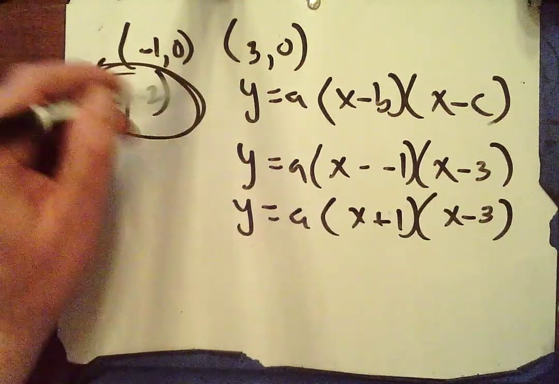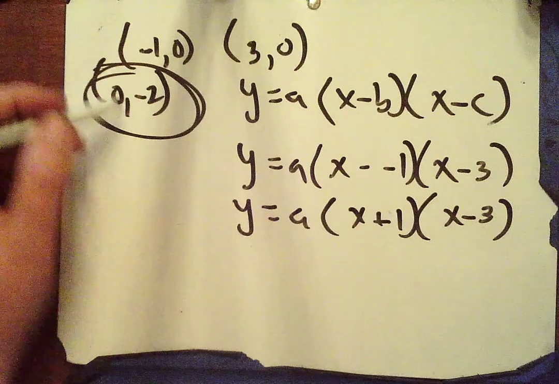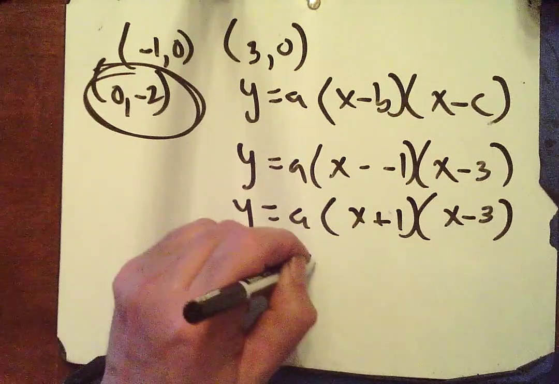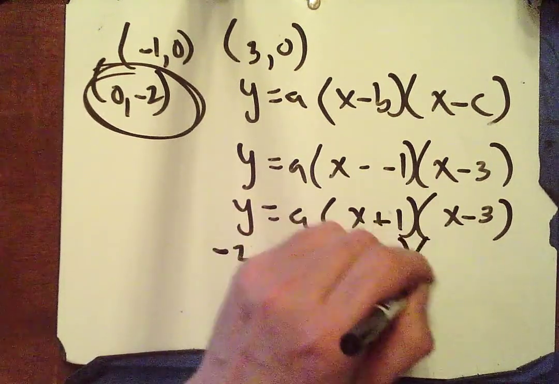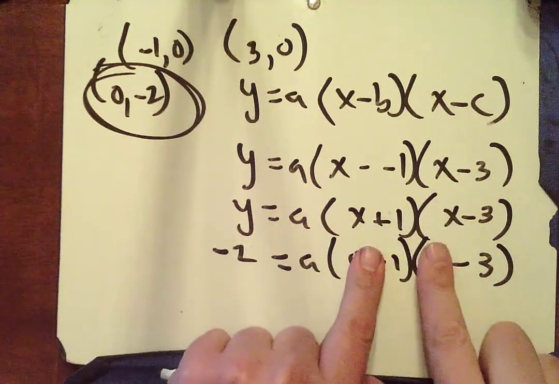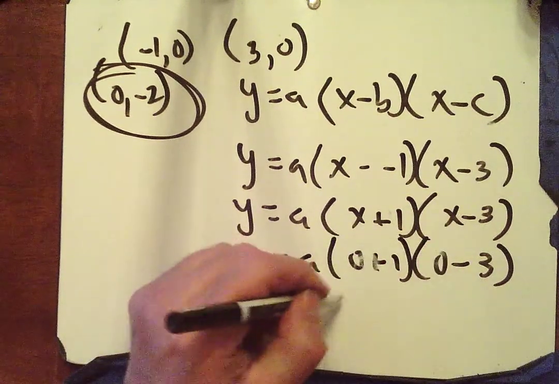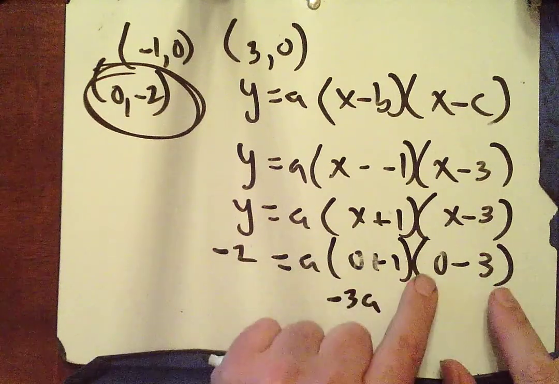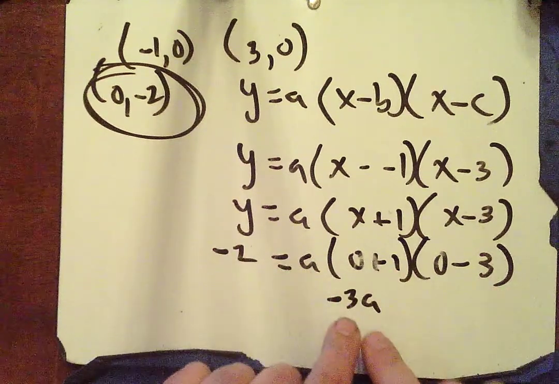Now I'm going to plug in my extra point. My y-intercept fits nicely here. So I've got 1 times negative 3, so I've got negative 3a. See, these are all multiplied together, so I can do that.